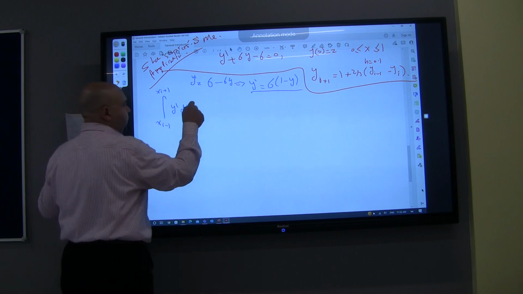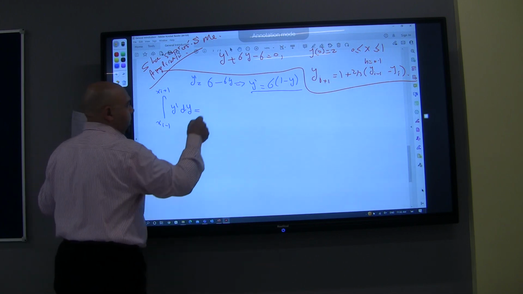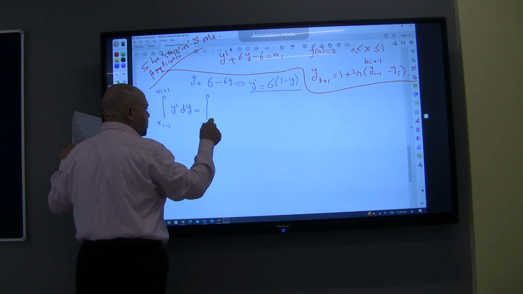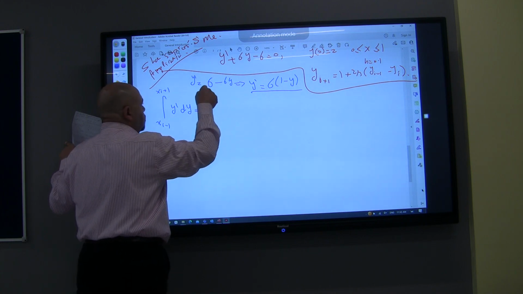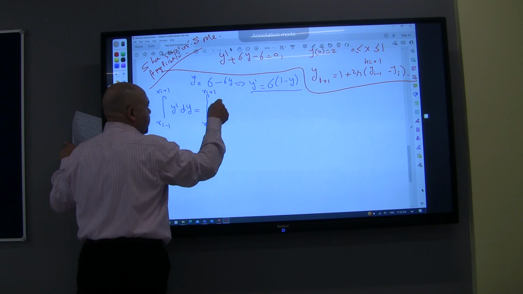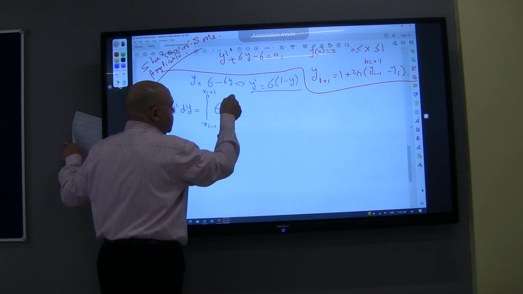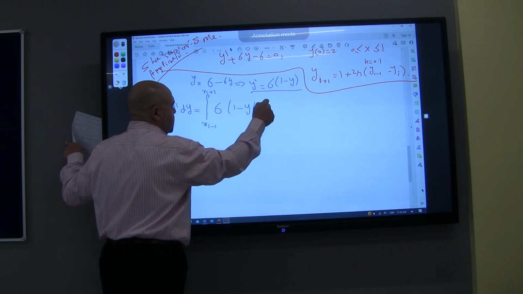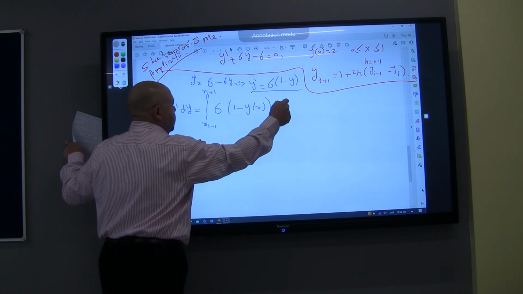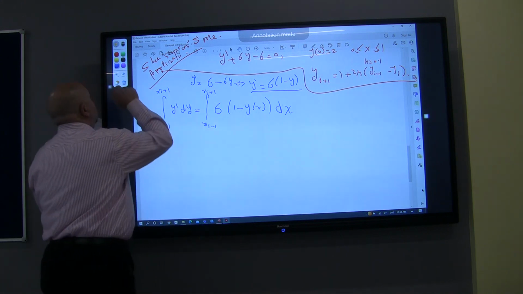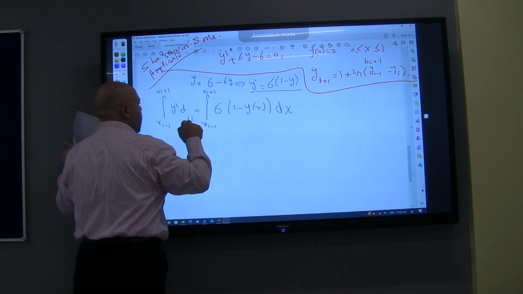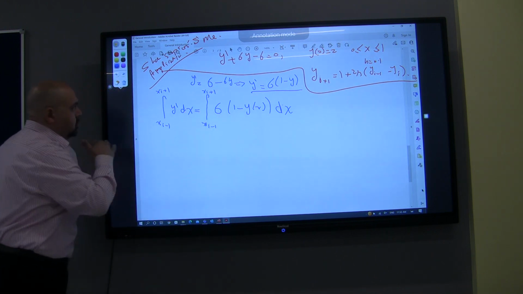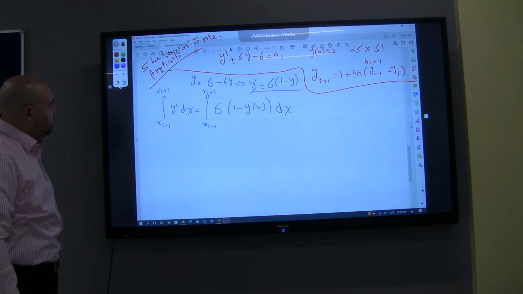On the other side, the integration is exactly the same, from x of i minus 1 to x of i plus 1, for the function 6 times 1 minus y of x with respect to x. I'm sorry, this is also an integration with respect to x since we are integrating y dash.